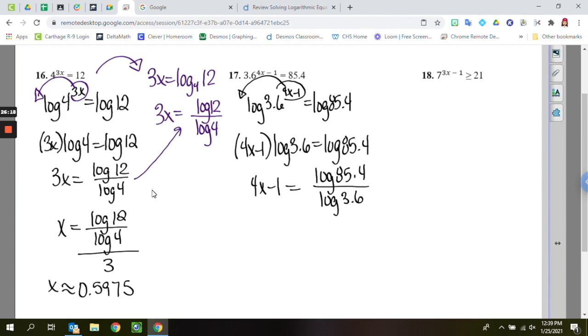So before I finish solving this, I will end up adding 1 to that and dividing by 4. And then dividing by 4. And we get approximately.